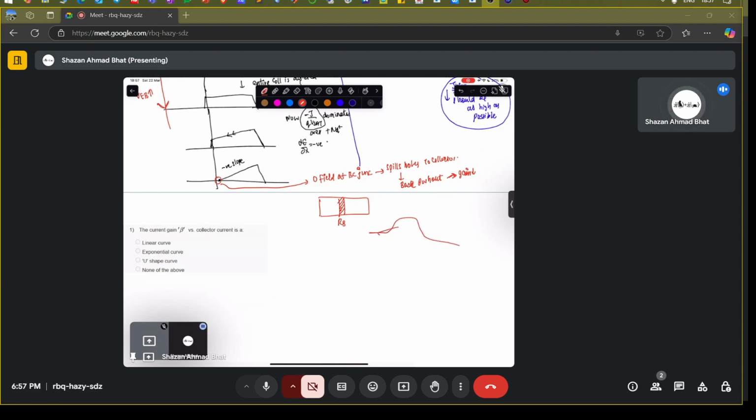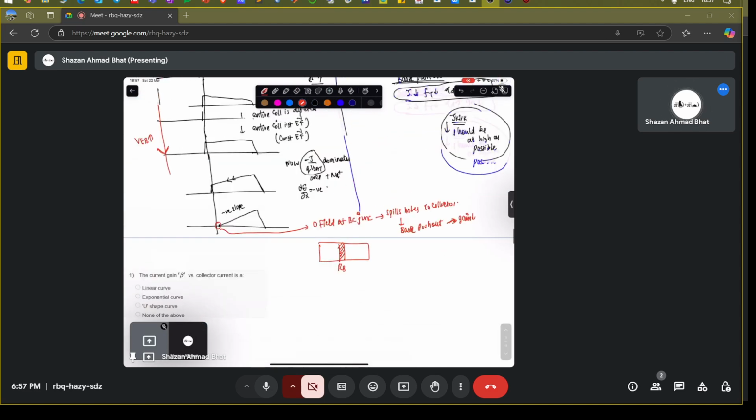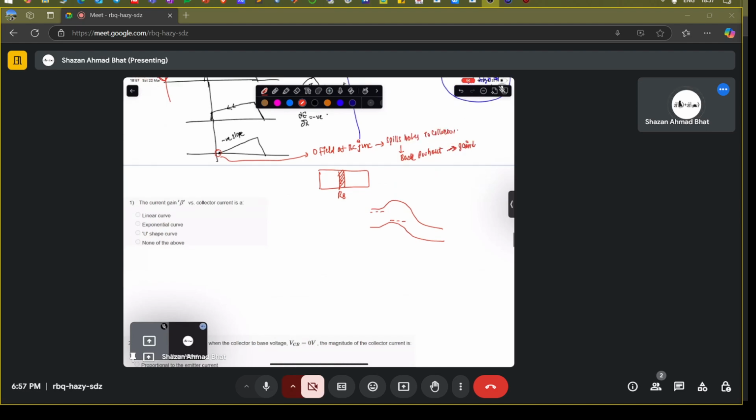Because you are increasing the V_EB, it will look something like this. Let me draw it. Okay, so there is a spillover of the holes into this region. This is called base push out.